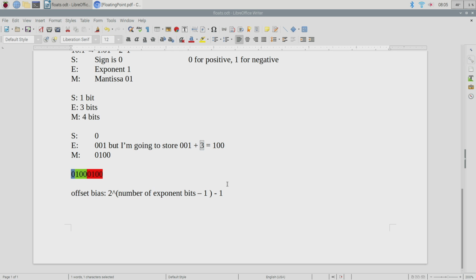Well, what's the formula for it? 2 to the 8 minus 1, or 2 to the 7 minus 1. What's 2 to the 7? 2 to the 7th? No, that's 7 to the 2.